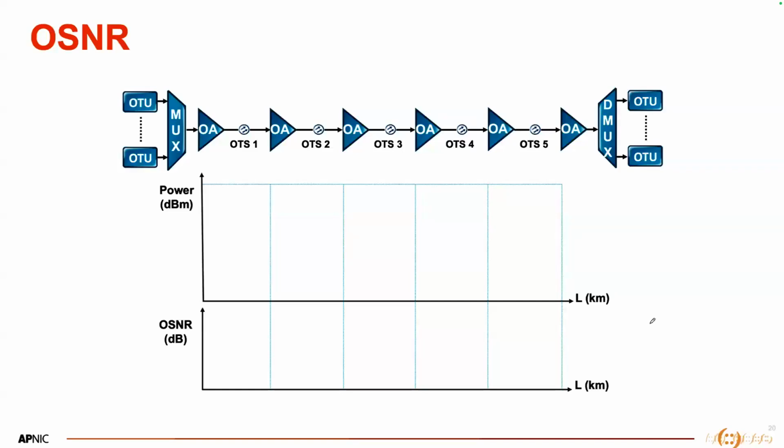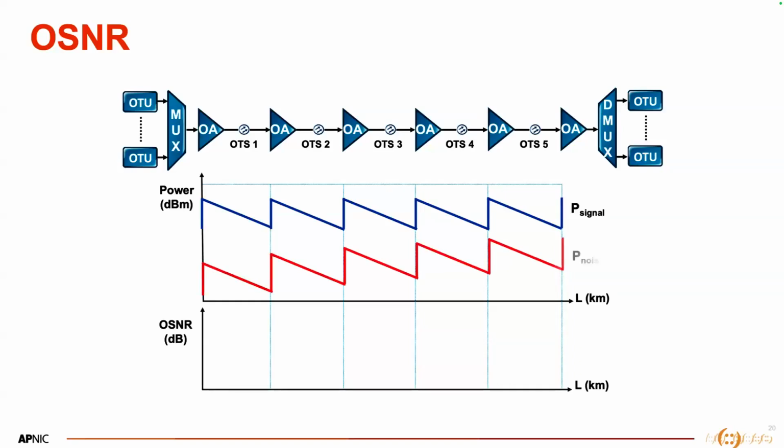That means the signal power is okay, or kept at a proper level. If you go ahead, you will see that the power of the wavelength is constant, right? But over time and distance, and over passing through different optical amplifiers, noise will be added, right?